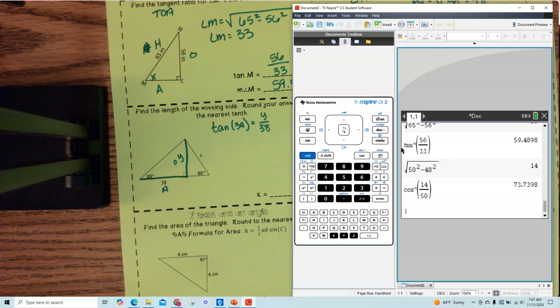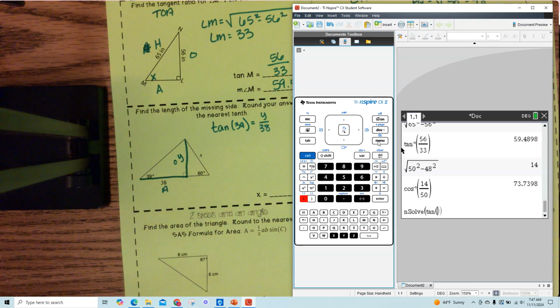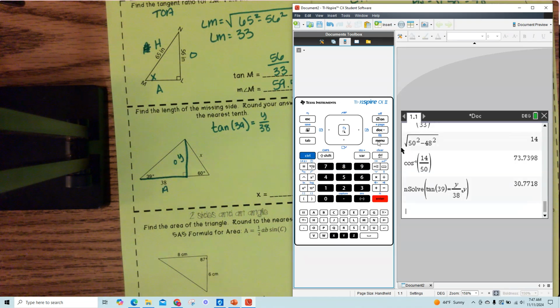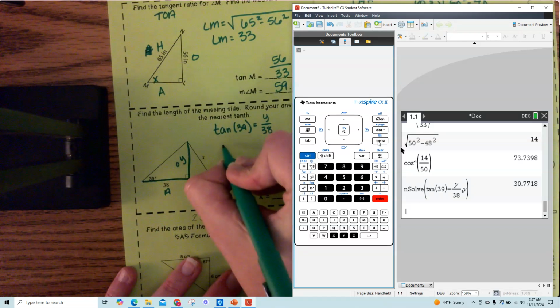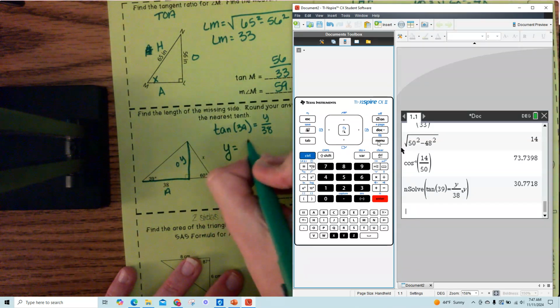Okay, so let's menu 3-1 this one. Tangent of 39 equals y over 38, comma y. So we're going to say that y is about 30.8.